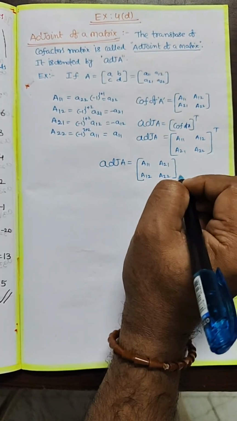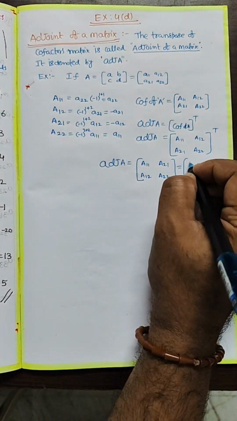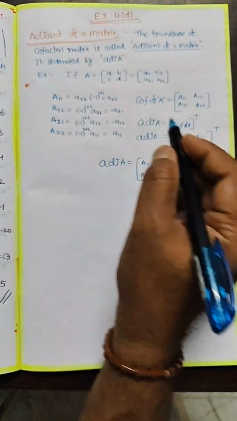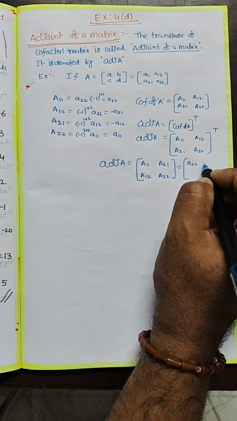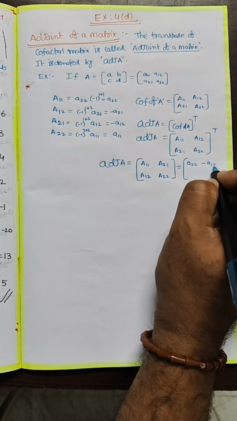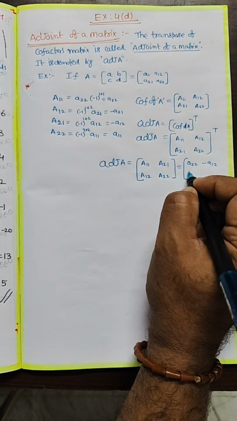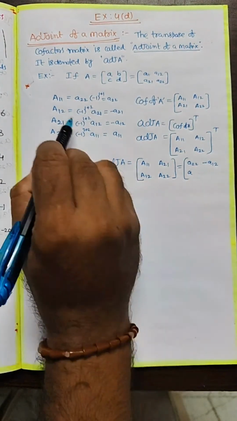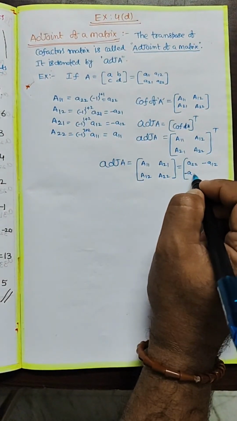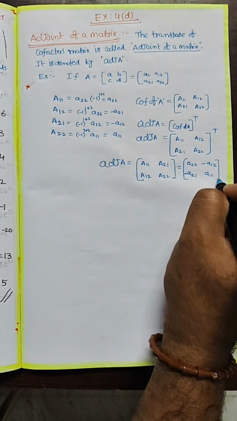What are the values? We already did those values. A11 means a22. Next, the A21 value is minus a12 according to this, dear students. Next, the A12 value, minus a21. Next, the A22 value, a11.